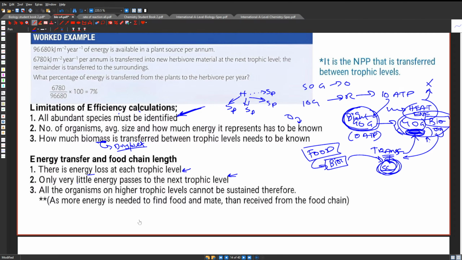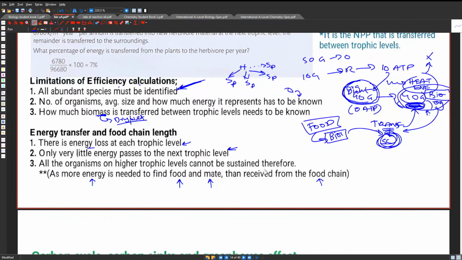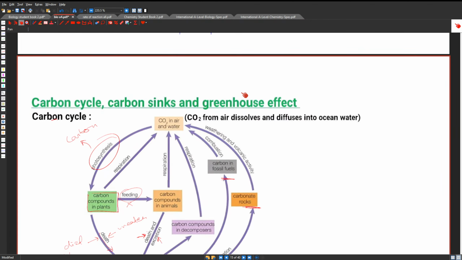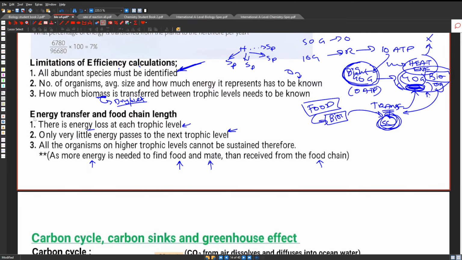So I guess they're literally saying that if you want to find food and mate, more energy is required, but that's more difficult, more than is received from the food chain. Is it the third? Yeah.